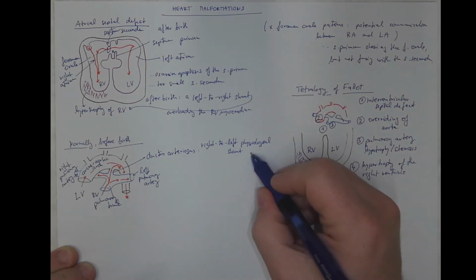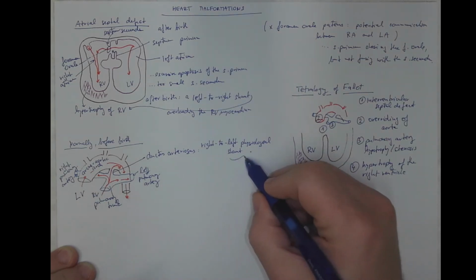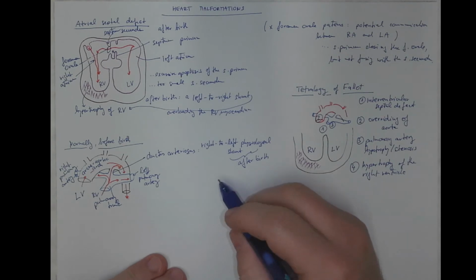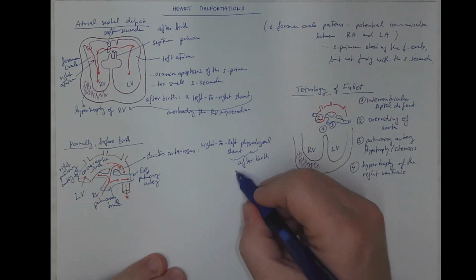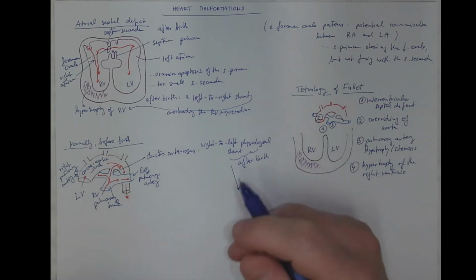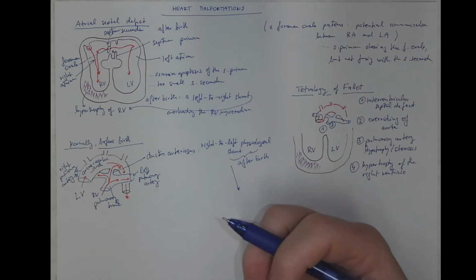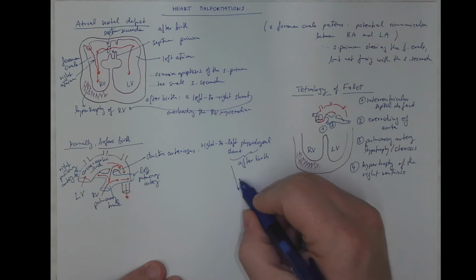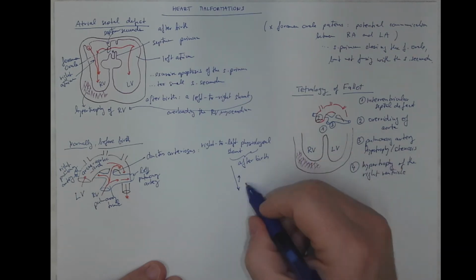Now this stops after birth, right? After birth, what happens? After birth, when the lungs start to breathe, this results in an increase in the partial pressure of the oxygen.